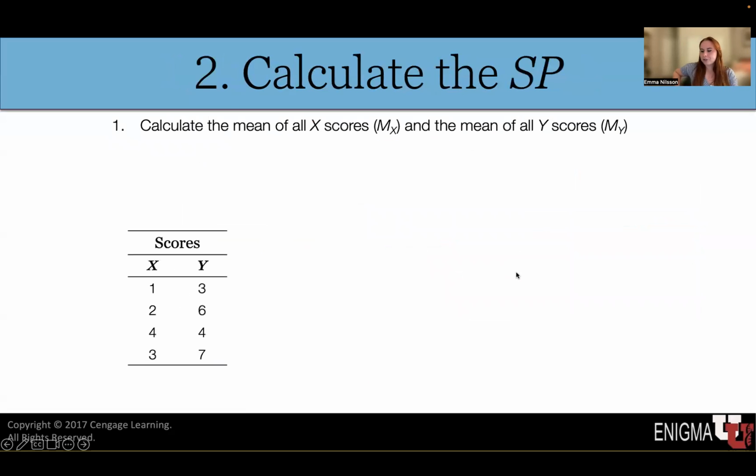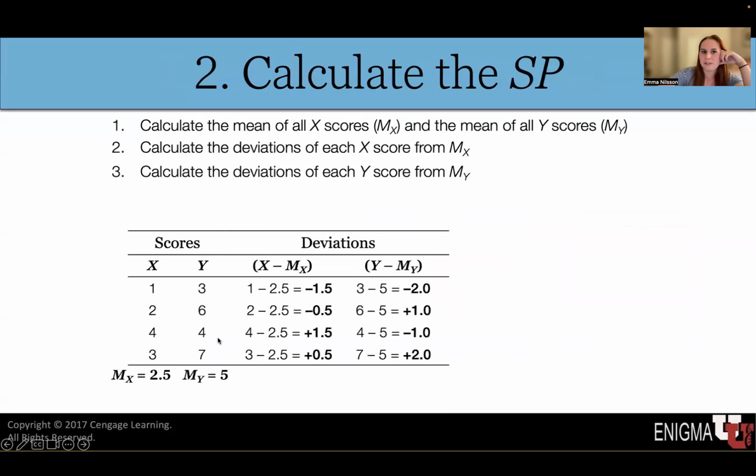The second step, after we formed a scatter plot and figured out that we can use Pearson's R, is to calculate the numerator, or sum of the products of deviations from the mean. To do this, we first calculate the mean of all of the X scores and the mean of all of the Y scores. The mean of the Xs is 2.5. The mean of the Ys is 5.